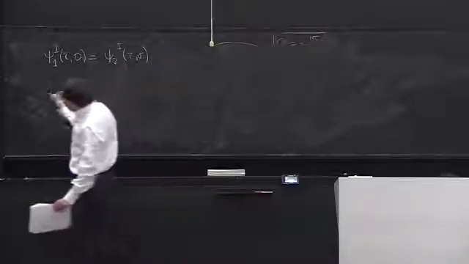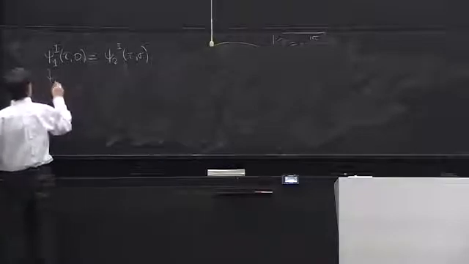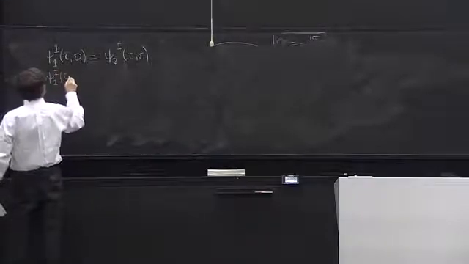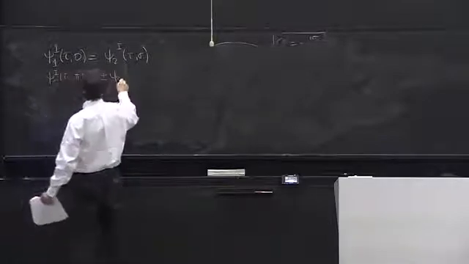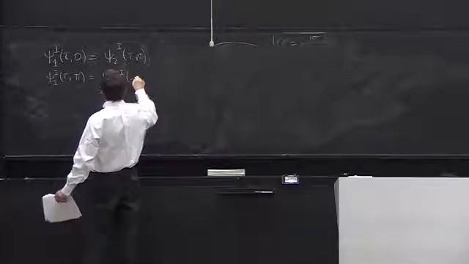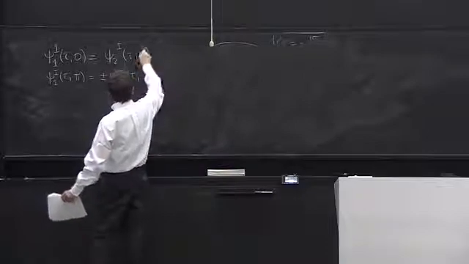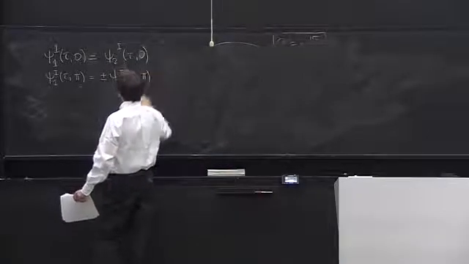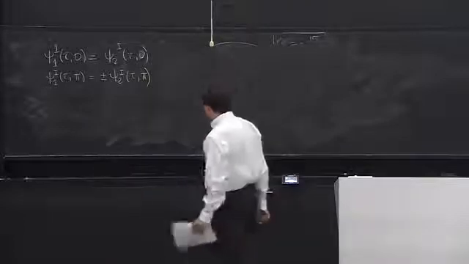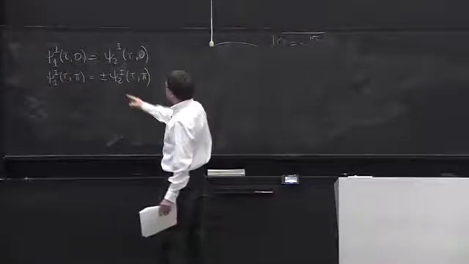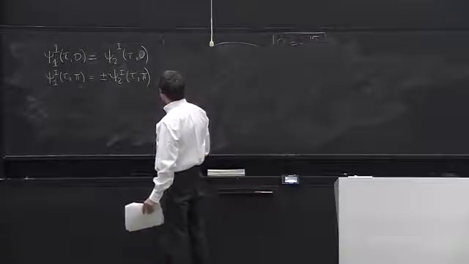Always. And then the second point, psi1 I of tau pi, could be plus minus psi2 I of tau pi. So these are our boundary conditions, and there's the plus and the minus.